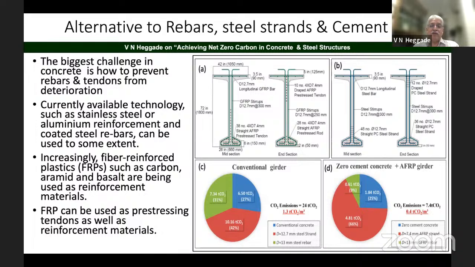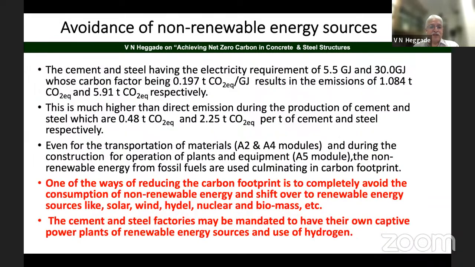I think it's possible for us to completely avoid the cement as well as the metallic reinforcement, as you can see here. Then another issue is that while producing cement, it emits around 0.8 ton carbon dioxide direct emission, but it has an embodied energy of 5.5 gigajoule, whereas the steel has an embodied energy of 30.0 gigajoule.